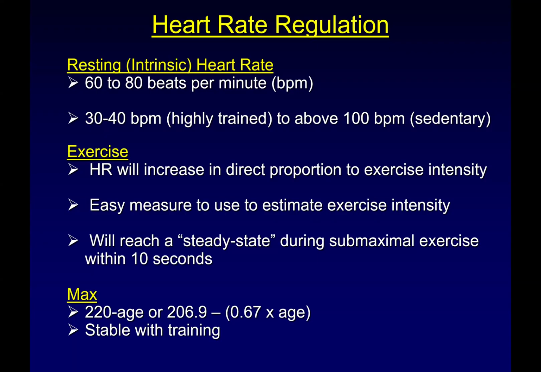Good questions. Okay. When we exercise, your heart rate increases in direct proportion to exercise intensity, to the metabolic response. All of you that have a watch or a tracker of some sort, it uses your heart rate to predict your energy expenditure during exercise.